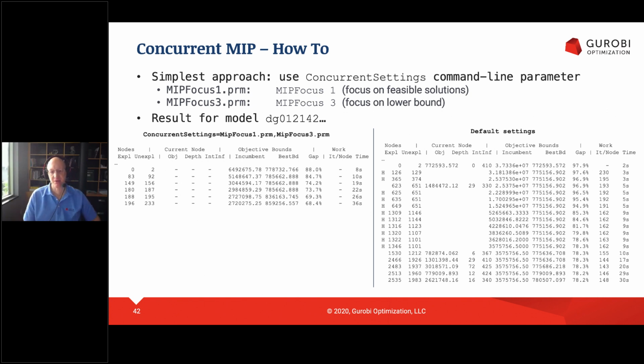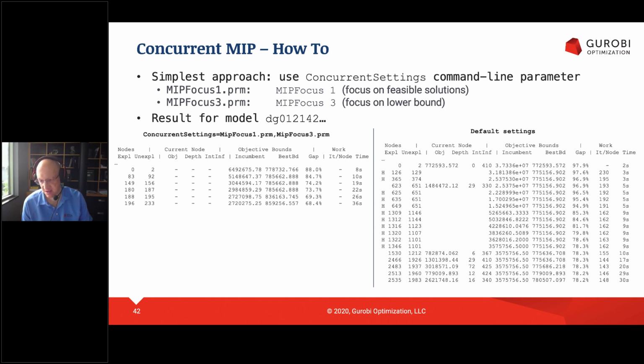It's very simple to use concurrent MIP. We've got a setting called Concurrent Settings, which allows you to create a set of parameter files. You create multiple files where each one sets a set of parameters, and you just list those files in the Concurrent Settings parameter. So here are log files for a difficult model, DG012142.